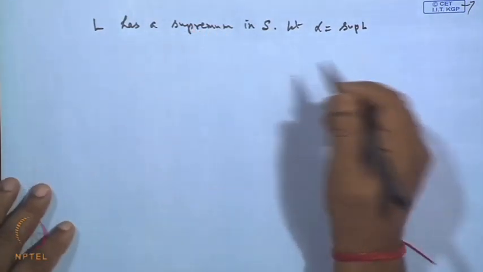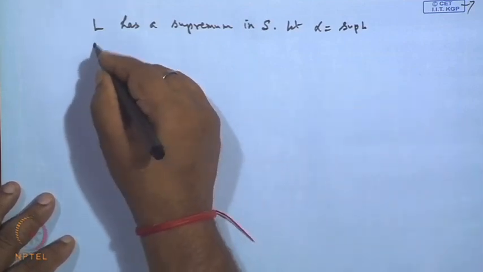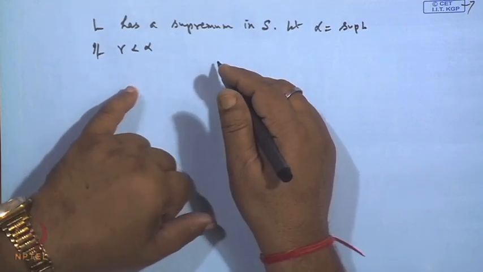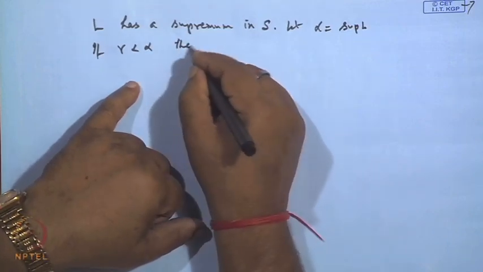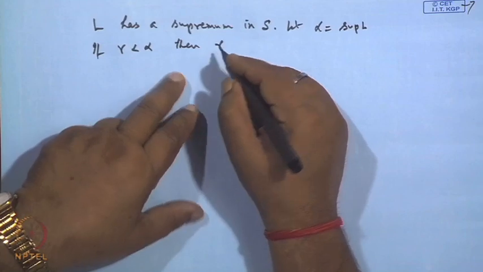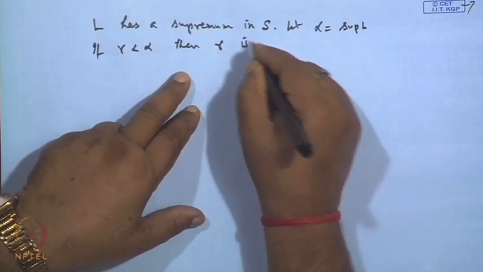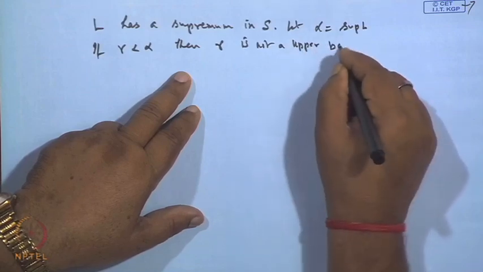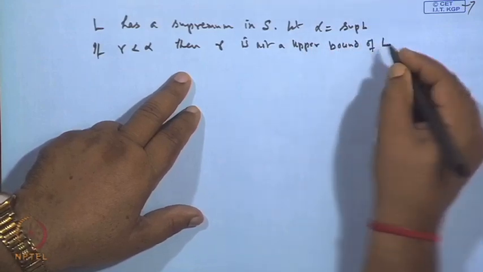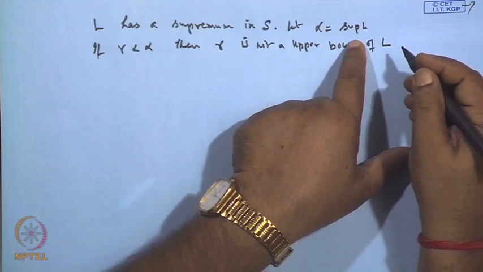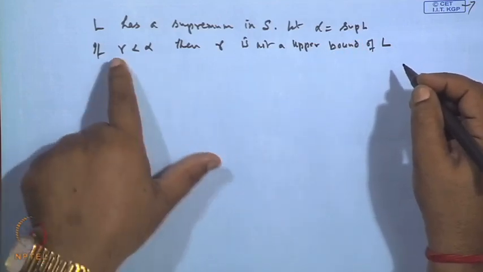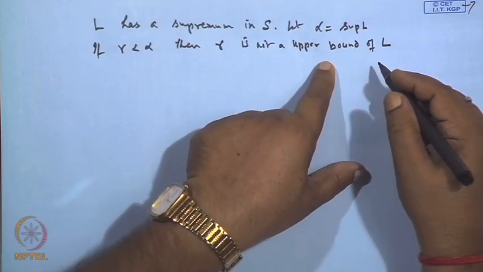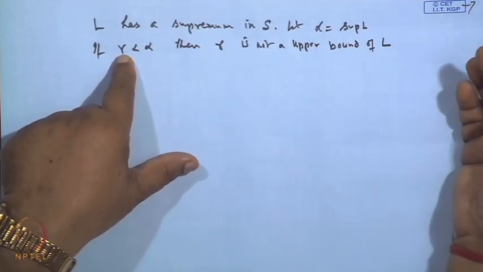Okay. Now, if we choose gamma, if gamma is any number less than alpha, then gamma is not an upper bound of L, because alpha is the least upper bound. So, if we take any number lower than alpha, then that cannot behave even as an upper bound for it. Otherwise, gamma would be the least upper bound. Okay.